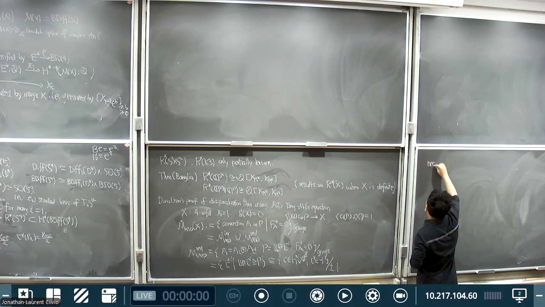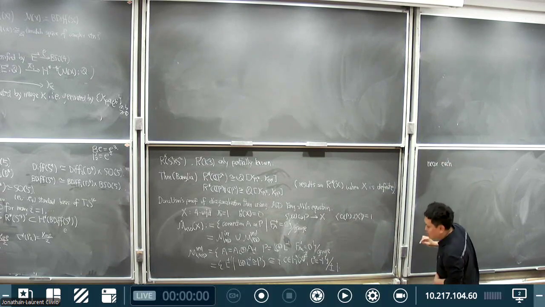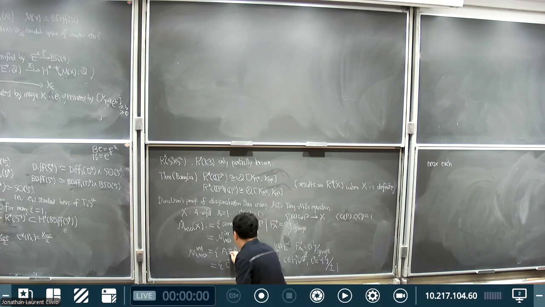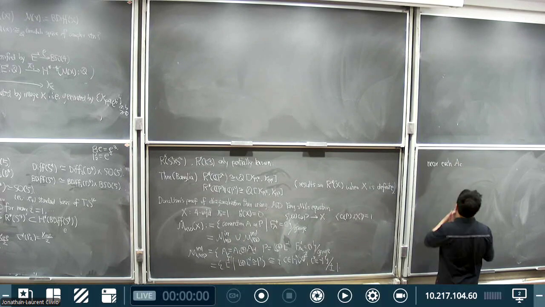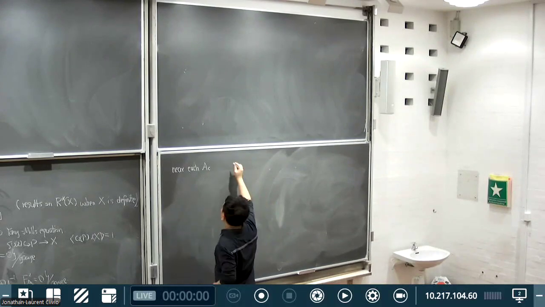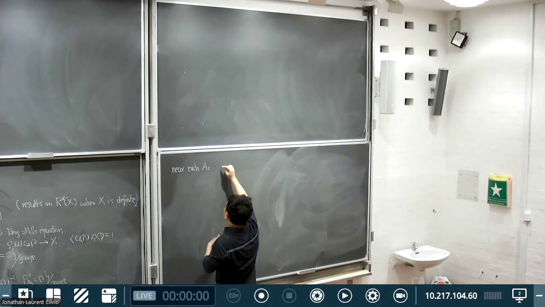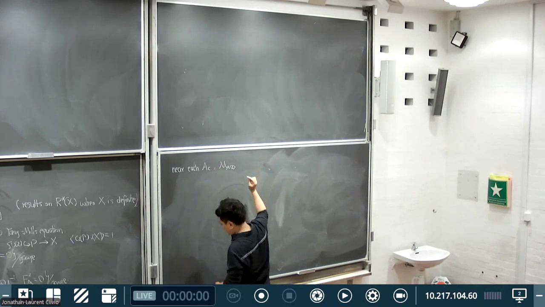Near each of these. So let me just call it A_C. Okay, C is near each A_C. Near each reducible solution, one can prove that this, so what else?